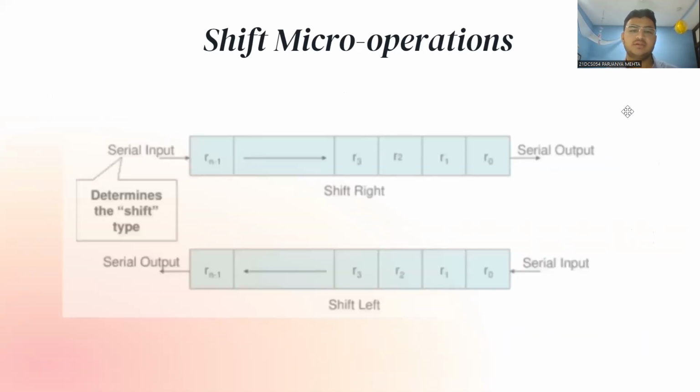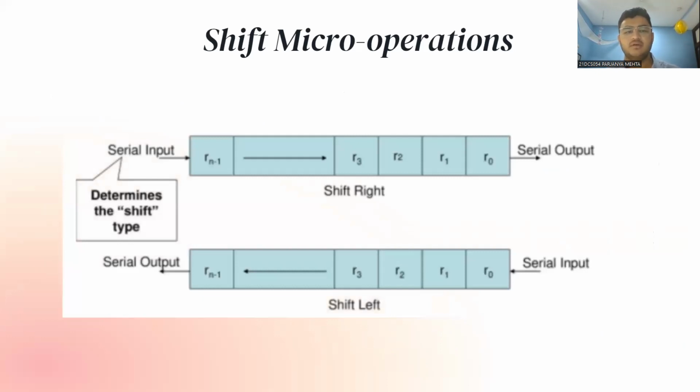There are two types of shift micro operations. First, let us understand how the shift micro operation works. First is shift right. If we perform the shift right operation on any binary data, then the MSB, the most significant bit at the most right side of the data, will be removed from the binary, and serial input will be given from the LSB side, the least significant bit.